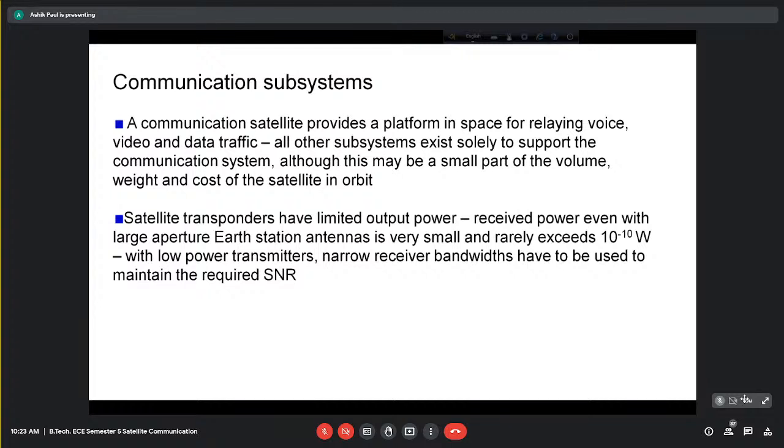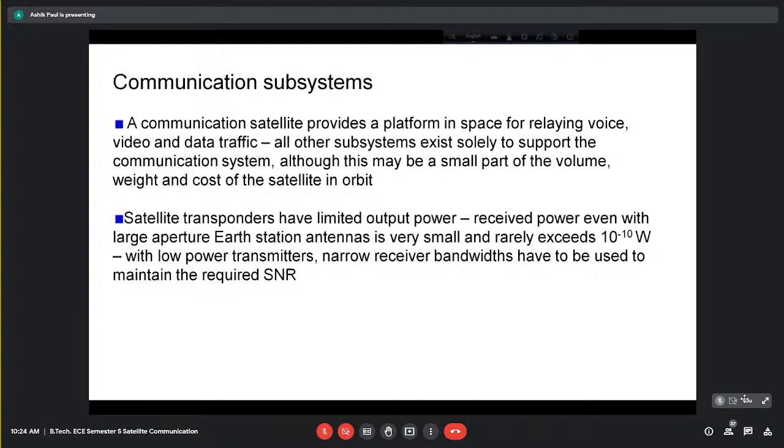That is why, if you recall, Arthur C. Clarke described satellites as an extraterrestrial relay, placed away from the surface of the Earth so that it could relay your message to another user far away.